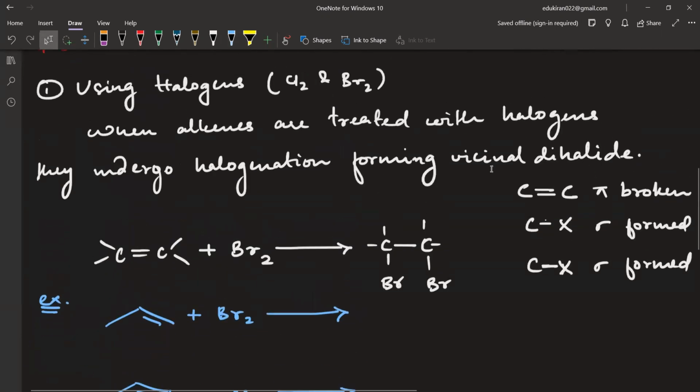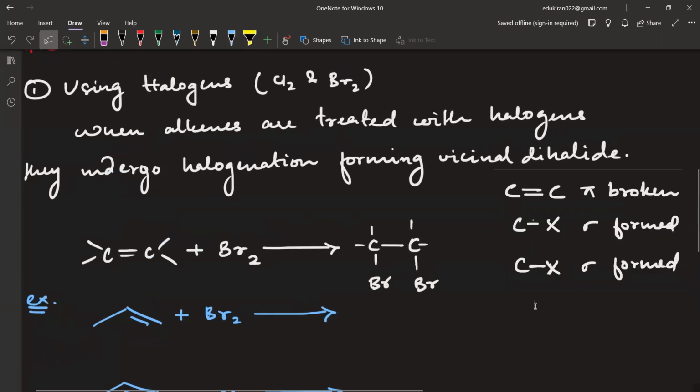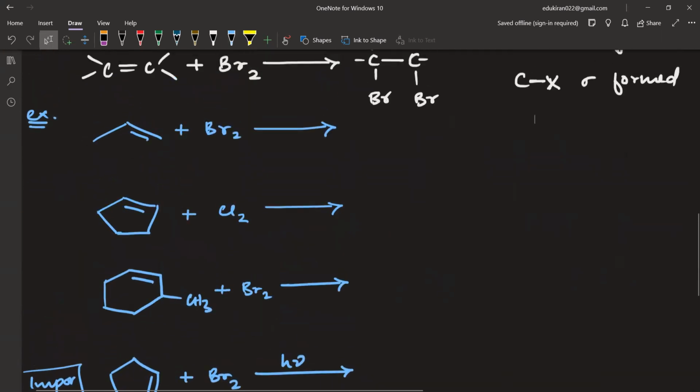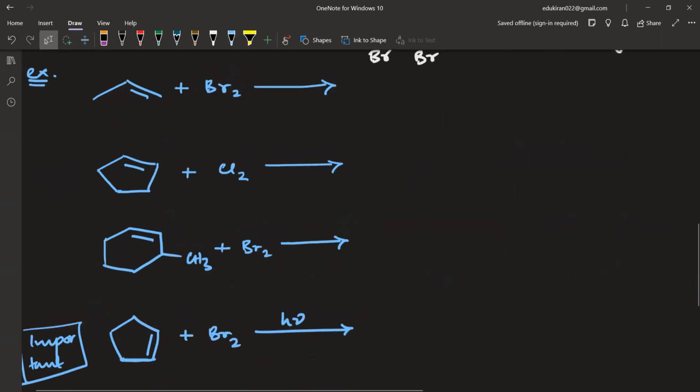I hope you have written this part, what is to be done. Pi bond is broken, sigma bond is formed, and let that be your guide and write the products.